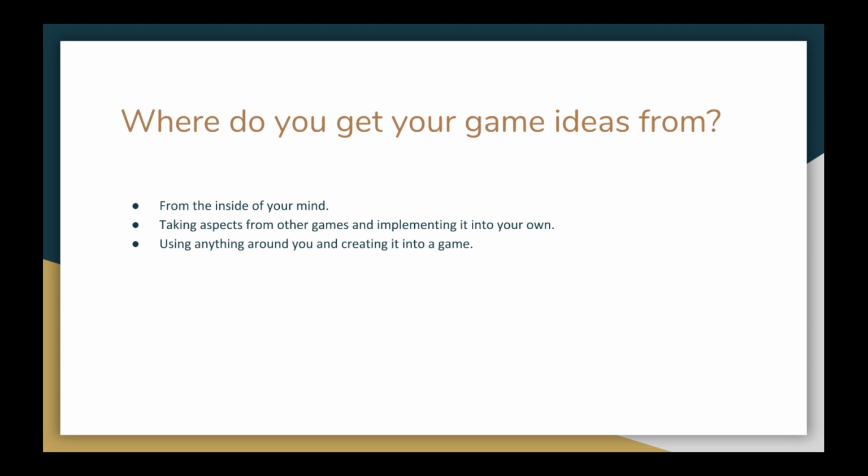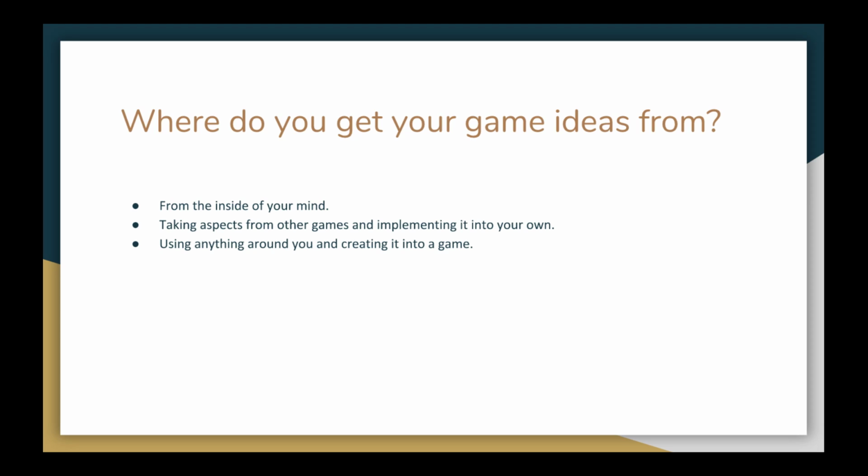You can also take aspects from other games, implementing them into your own. Now, you have to be very careful with this one, though, because copyright is very huge at the moment, and people would rather you not copy their own games. But let's say you're playing Fortnite, and you like the idea of Fortnite of making a battle royale, and so you create your own battle royale.